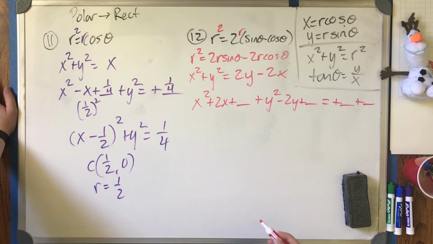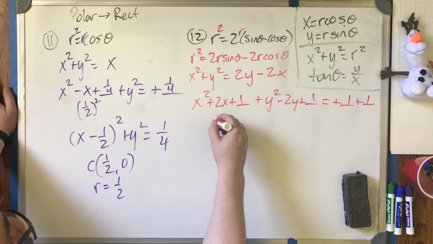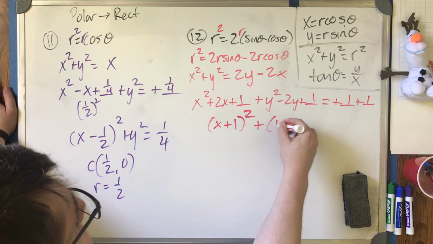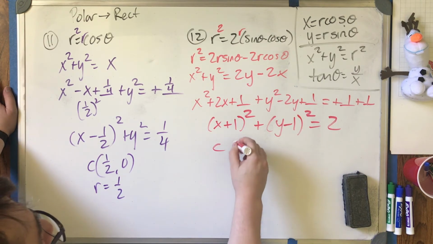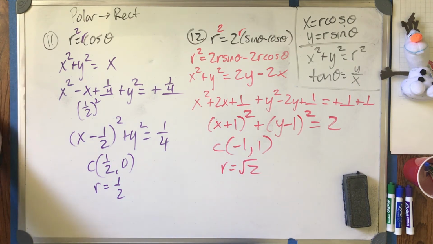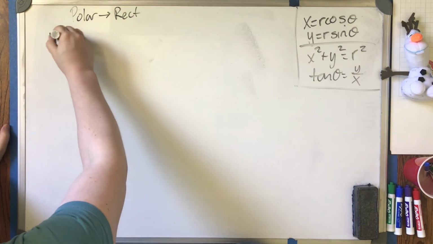So when we do this, it's going to be a 1 and a 1. So I will have (x plus 1) squared plus (y minus 1) squared equals 2. So this is a circle with a center at (-1, 1) and a radius equal to the square root of 2. There are like 8 million of these questions.